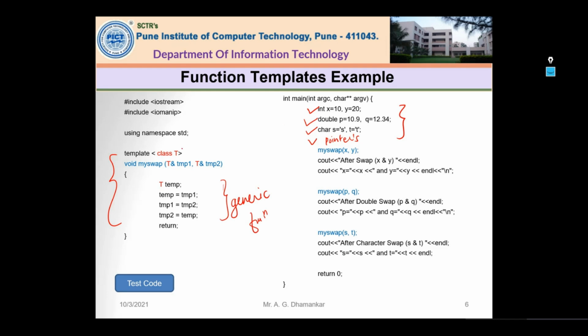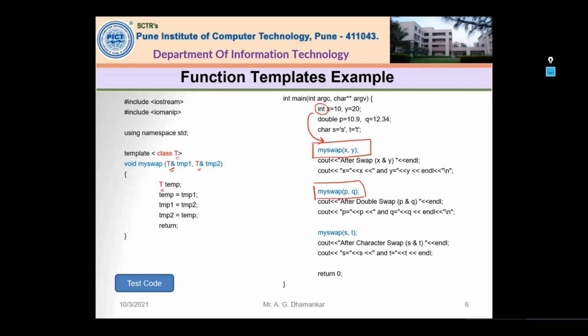If we give the call here, my swap, this is the call, and this time my swap will take X and Y. The type of X and Y is integer, and T will be taken as integer type at this moment of time.